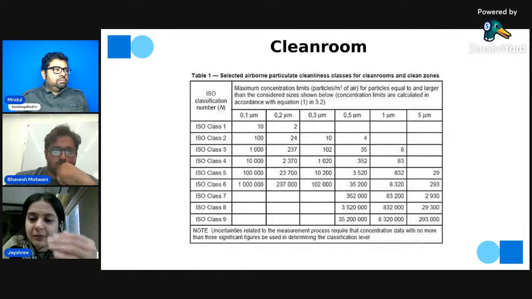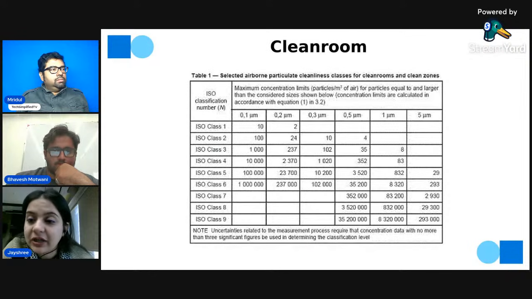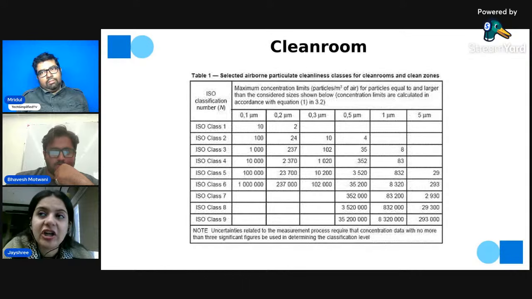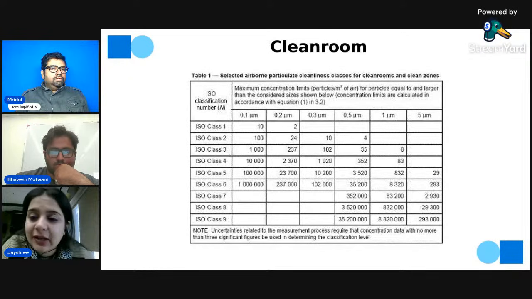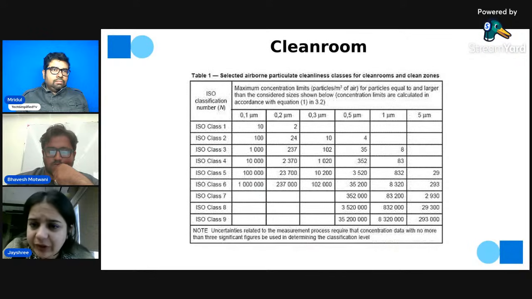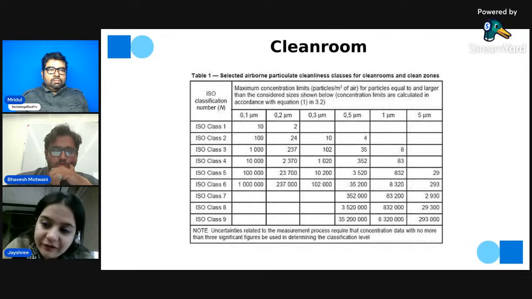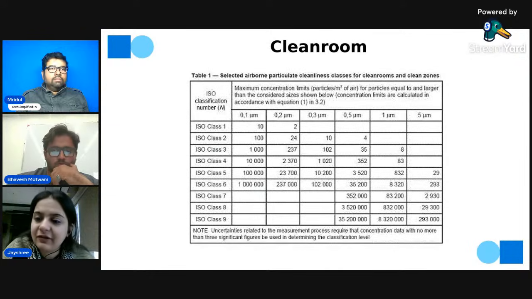So there are multiple classes in this image. You can see each class and how many particles are permitted, and how much precision it maintains: 0.1 micrometer, 0.2, 0.3, 0.4, 0.5, even 1 micrometer, and even 5.